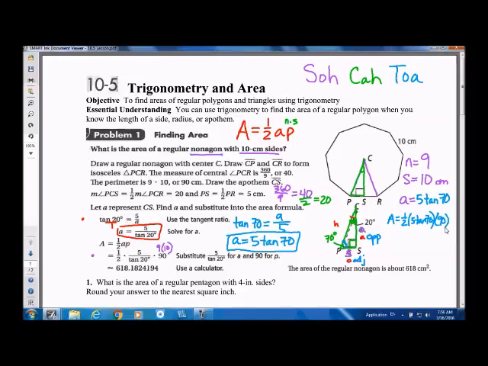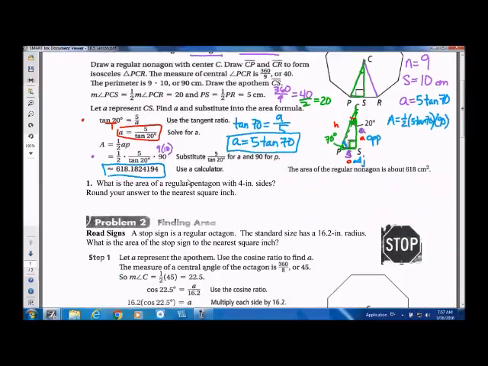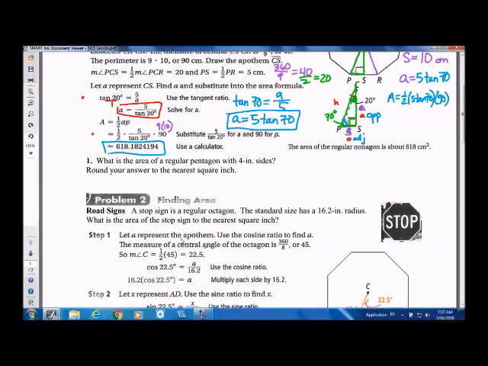And if we run that through our calculator, we are going to get exactly the same answer as they did. I think that way is easier. Pause your video and try the next example.